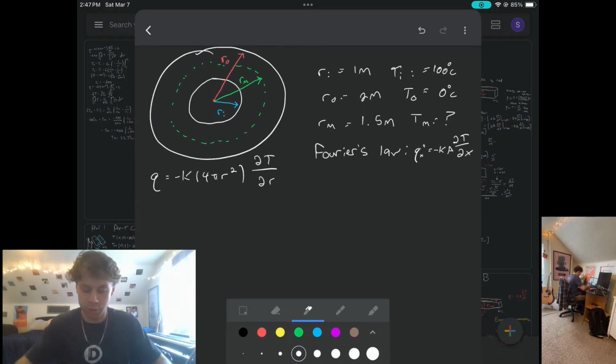Okay, so in order to get just temperature here, we'll need to separate out our temperature gradient term.